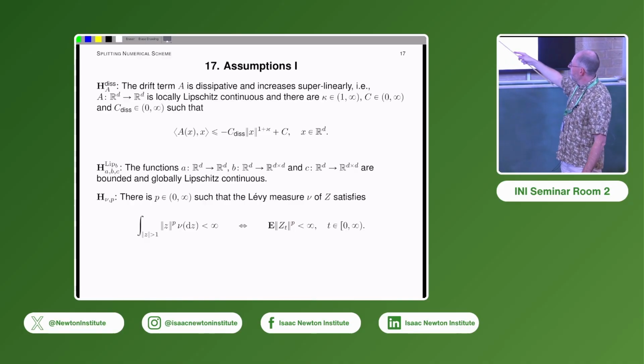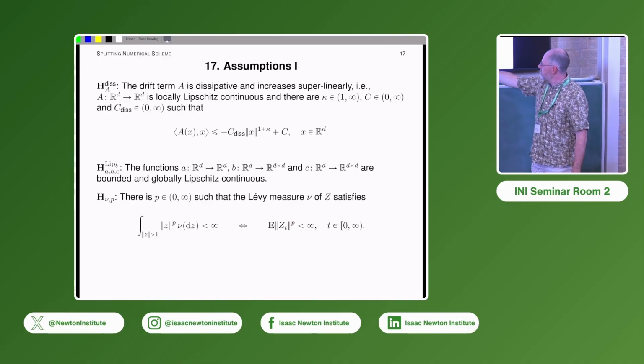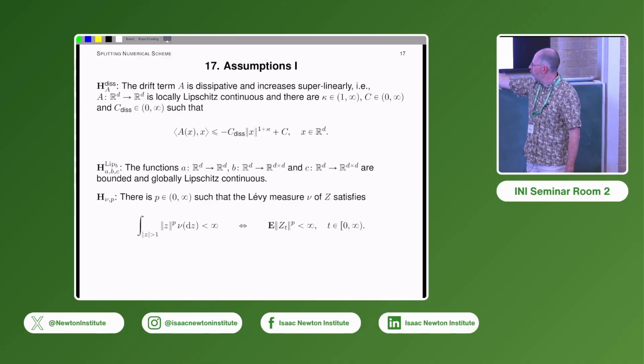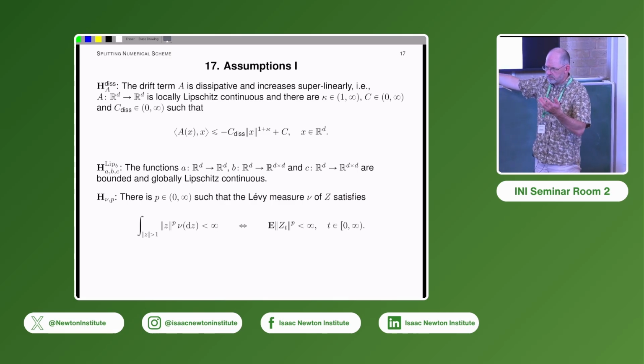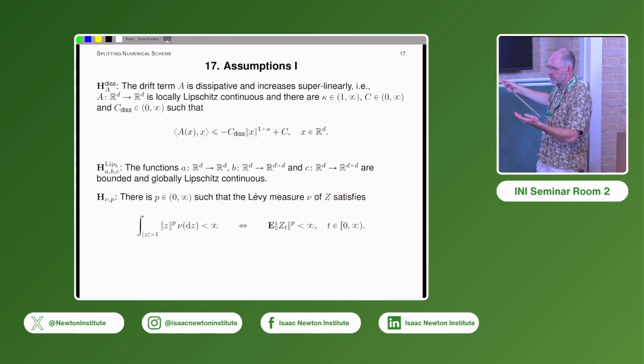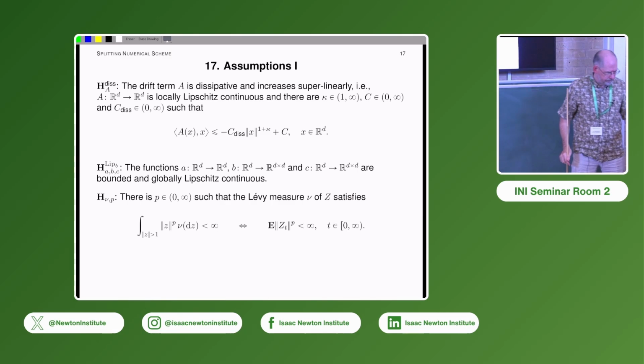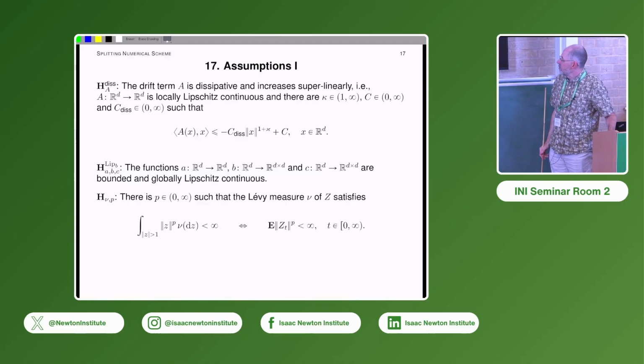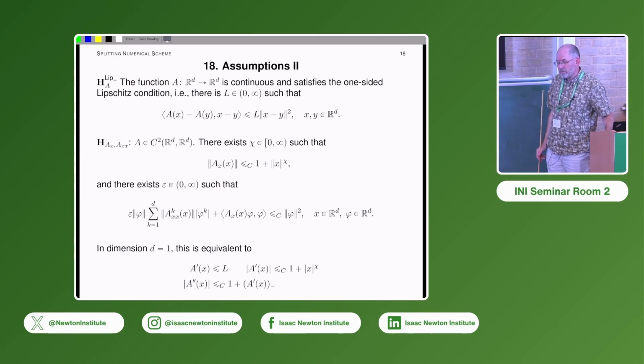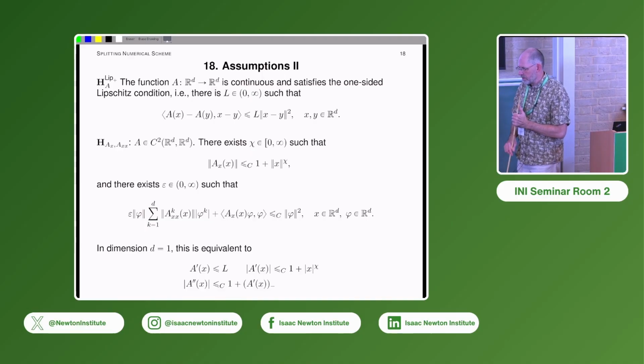And the tails of Z are p-integrable for some p. So this means that the p moments exist. Okay, now you have more, and this is a bit subtle thing.